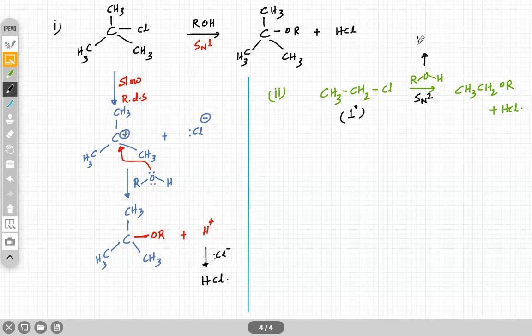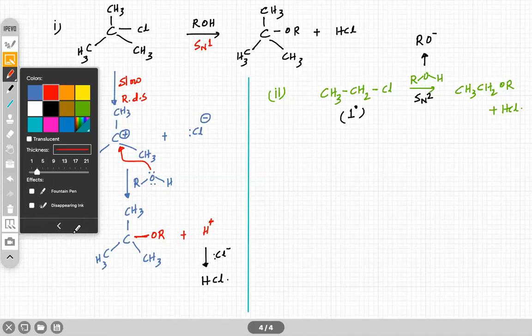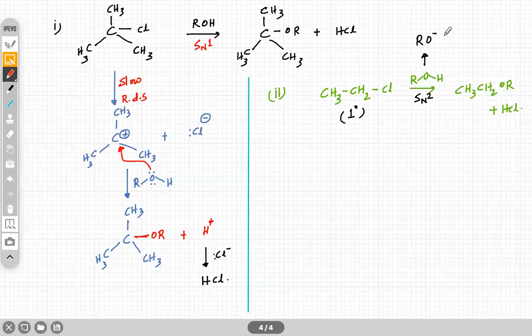If you take RO minus, the rate of reaction would be more. With this nucleophile, we have more rate of reaction, right? That's why this one is preferred.